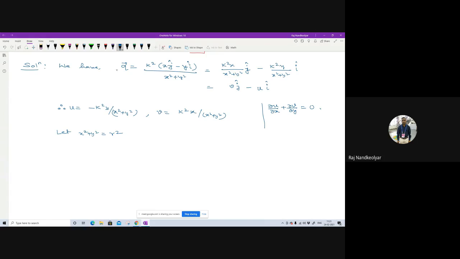So this implies 2x equal to 2r del r by del x. Is that okay? So the 2 will cancel out, and del r by del x equals x by r. Del r by del x equals x by r.